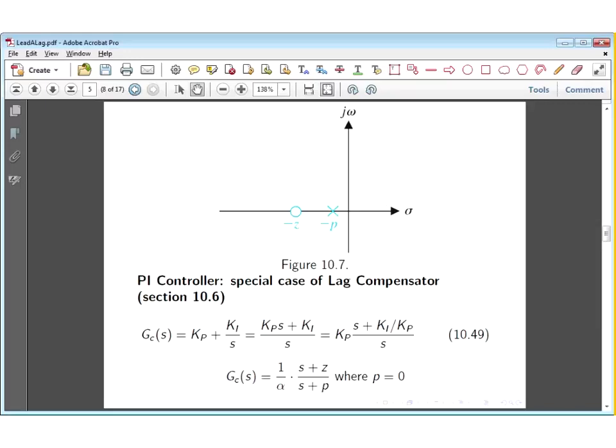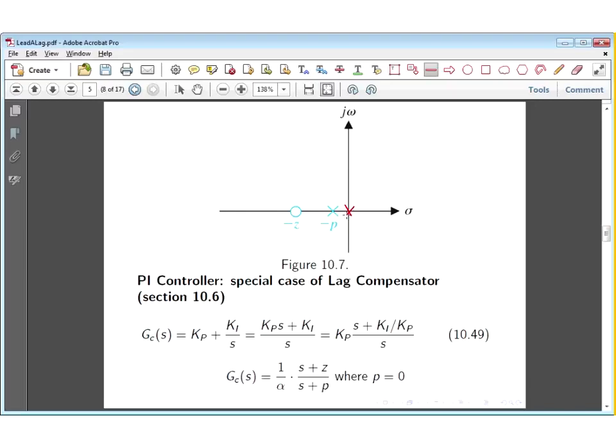In terms of figure 10.7, you will recall is the general diagram showing the pole locations of the pole and the 0 of a lag compensator. So this is a general graph. So it means that the PI controller will be a graph like this with just one special feature, namely that the pole is really right at the origin.